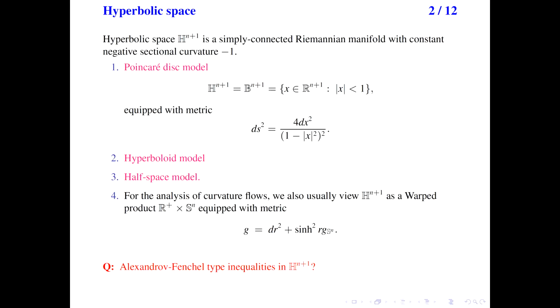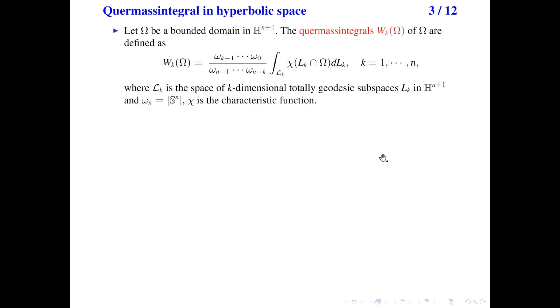Now the question is to establish the Alexandrov-Fenchel type inequalities in the hyperbolic space. For that, we need to first recall the definition of Quermassintegrals. For a bounded domain omega in the hyperbolic space, the Quermassintegrals Wk of omega are defined by this equation.